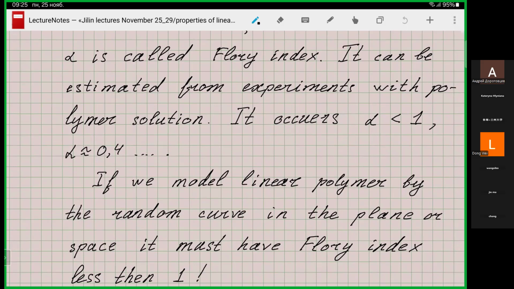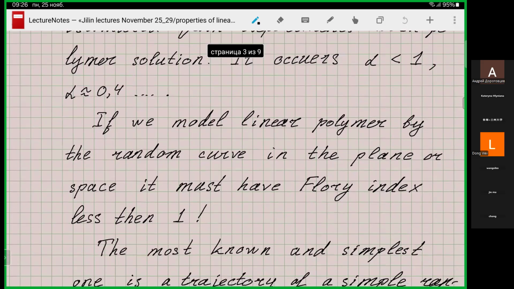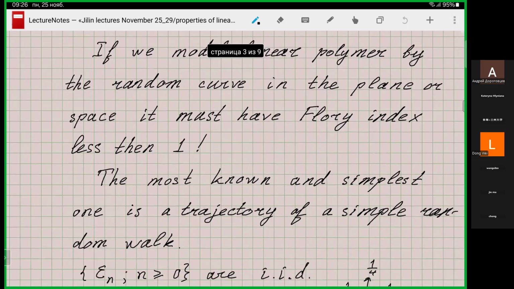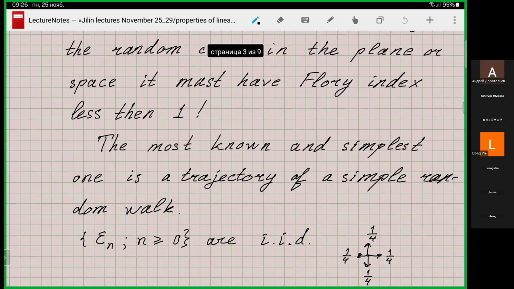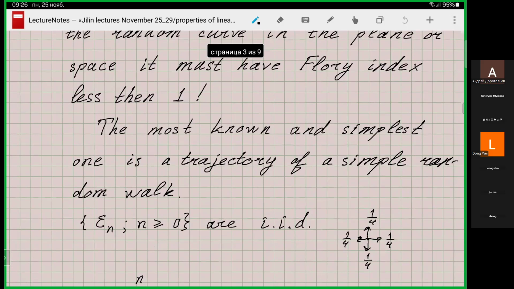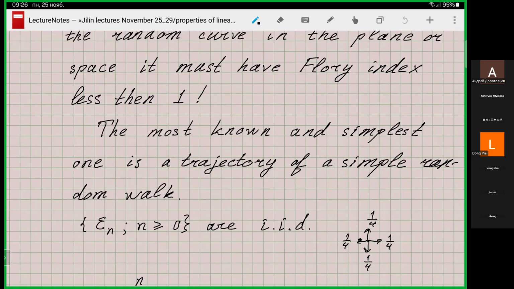Fortunately, we have a very simple but very powerful and very interesting mathematical object which satisfies this requirement. The most known and simplest one is the trajectory of a simple random walk. Here I consider the planar case.